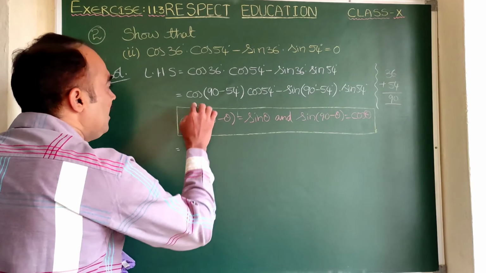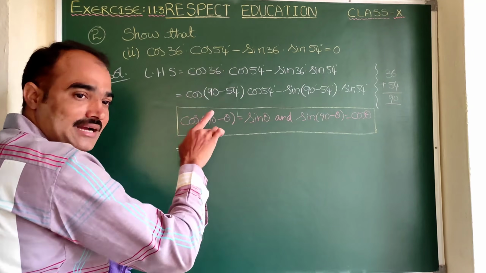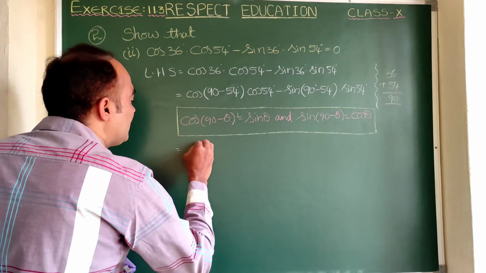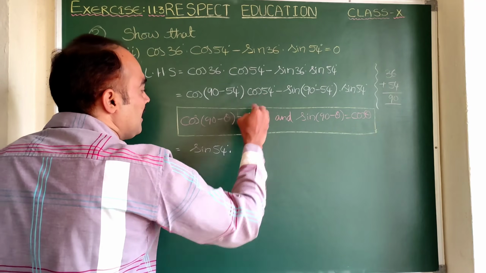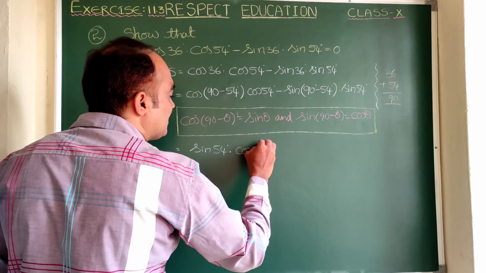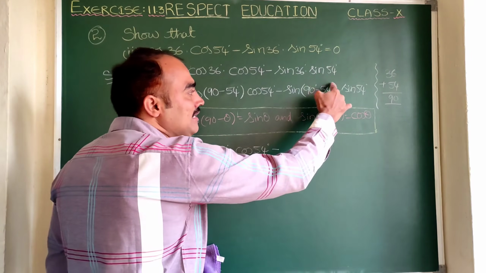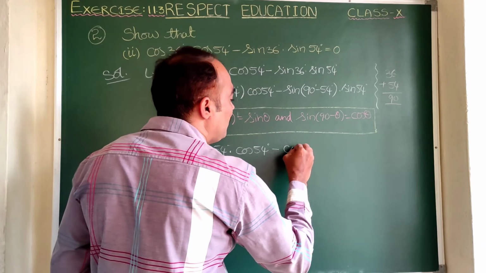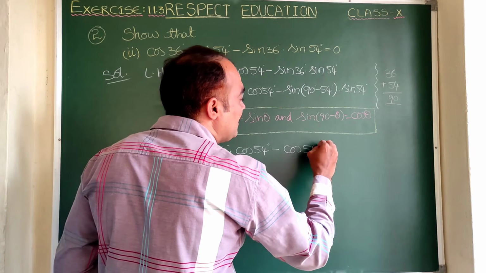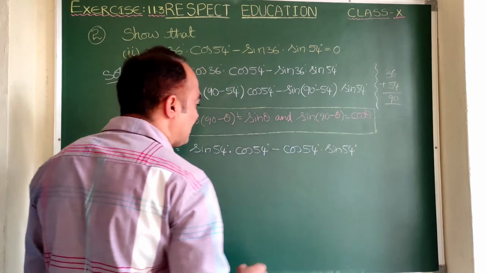Now cos of 90 minus theta can be written as sin theta, means sin 54 degrees will come. It is sin 54 degrees into cos 54 as it is, minus sin of 90 minus theta, here theta is 54 degrees, that is cos theta, means cos 54 degrees into sin 54 degrees. Is it clear? Yes, sir.